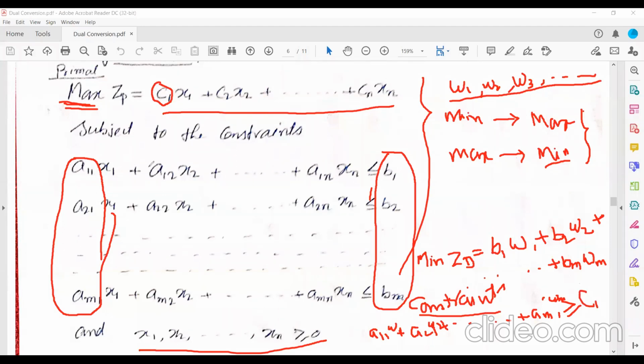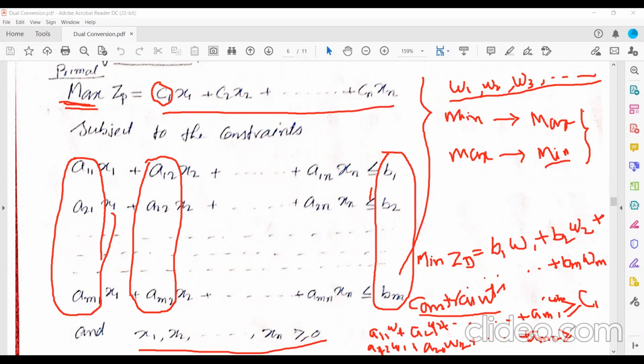Similarly, next you need to take the coefficients of the second column, and that will give the second constraint. That will be a12 w1 plus a22 w2 plus dot plus am2 wm, greater than or equal to what?